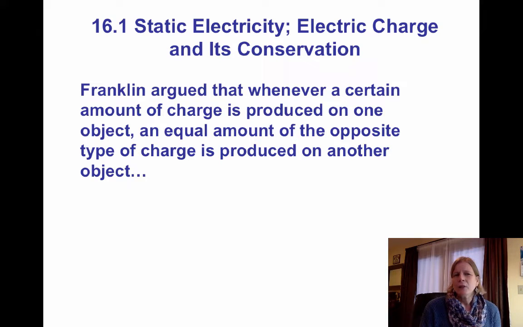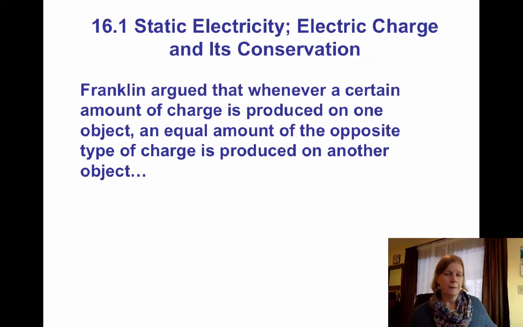All right, and so with that, if we have positive and negative charge, Ben Franklin argued that whenever a certain amount of charge is produced on one object, say I get an excess of electrons on this plastic ruler, then an equal amount of the opposite charge is produced on the other. So if I have excess electrons here, I'm going to have a deficit of electrons, or an excess of protons, over here in relation.